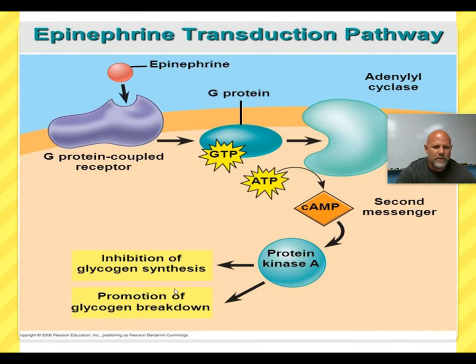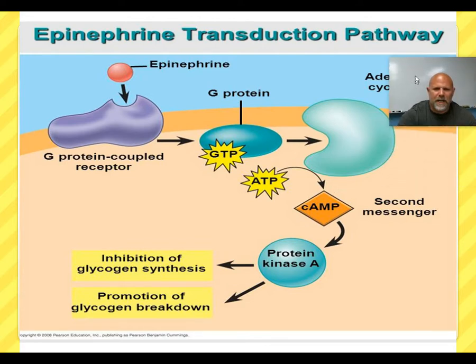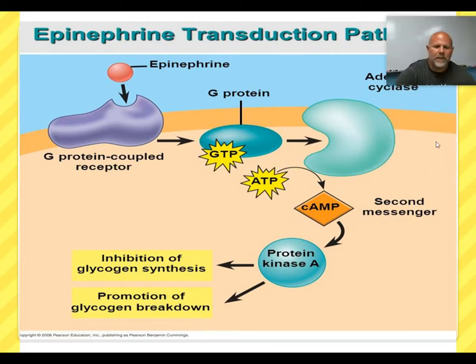Okay, so we have reception, transduction, and then that ends in a response. In this particular case, the response is to stop the production of glycogen and cause glycogen to get broken down and release sugar into the bloodstream right away.